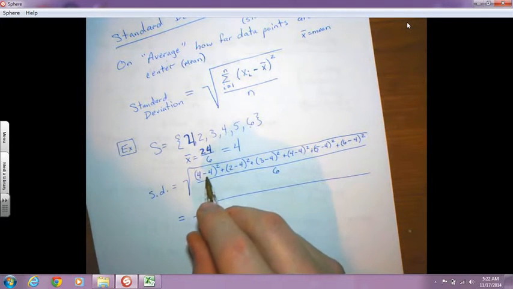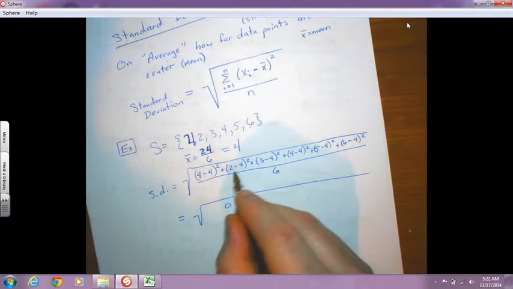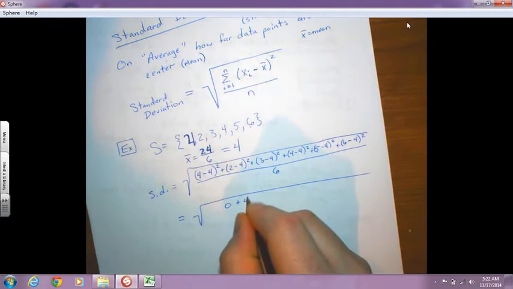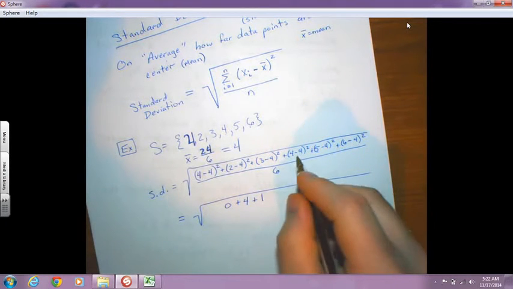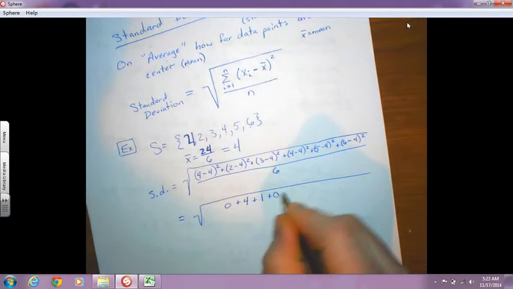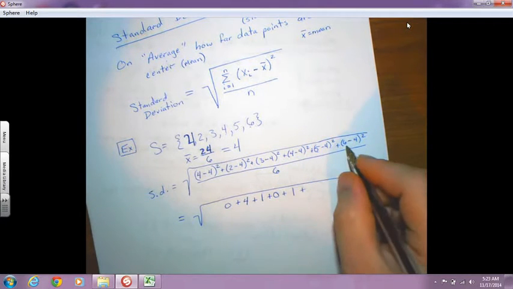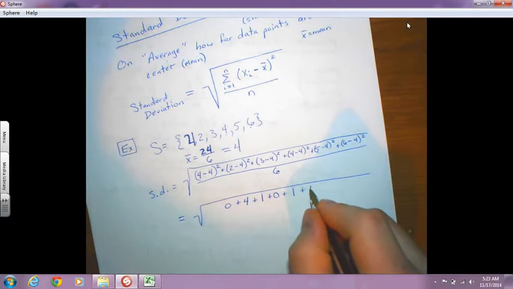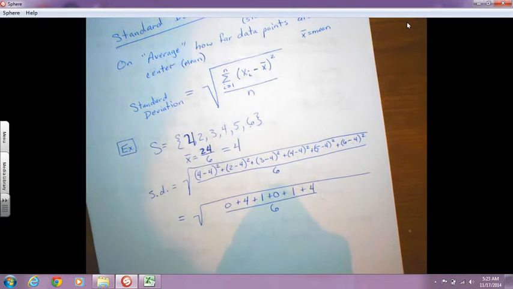And so we have 0 squared, which is 0, plus negative 2 squared, which is 4, and negative 1 squared, which is 1, 0 squared, which is 0, 1 squared, which is 1, and 2 squared, which is 4 again. I'll divide by 6.